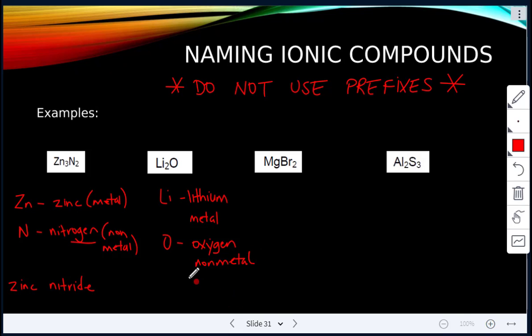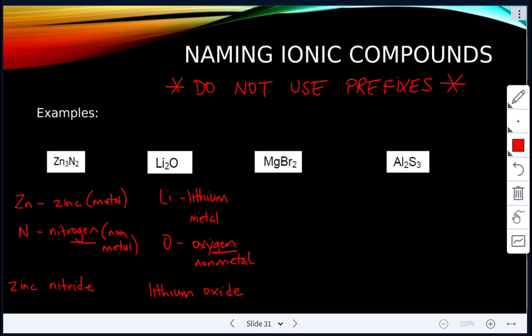All right, so when we name this, we name our metal first. So we call this lithium. And then we have oxygen. We have to change its ending to oxide. All right, so the name is just lithium oxide. So again, please note, we do not use any of the prefixes that we were using for molecular compounds. We do not use di, tri, mono, or any of those prefixes for ionic compounds.